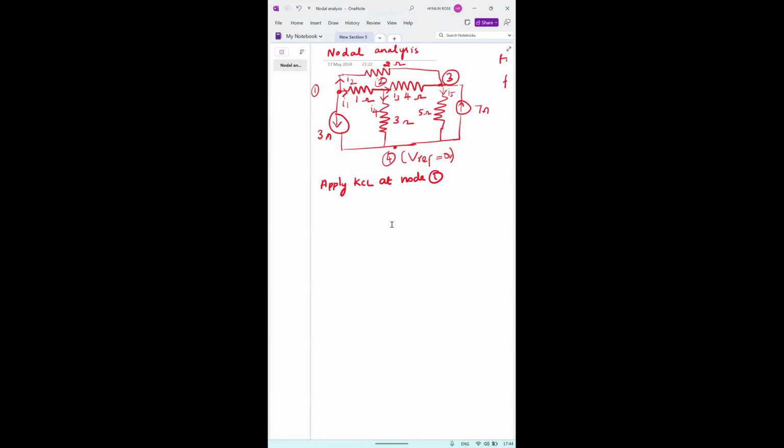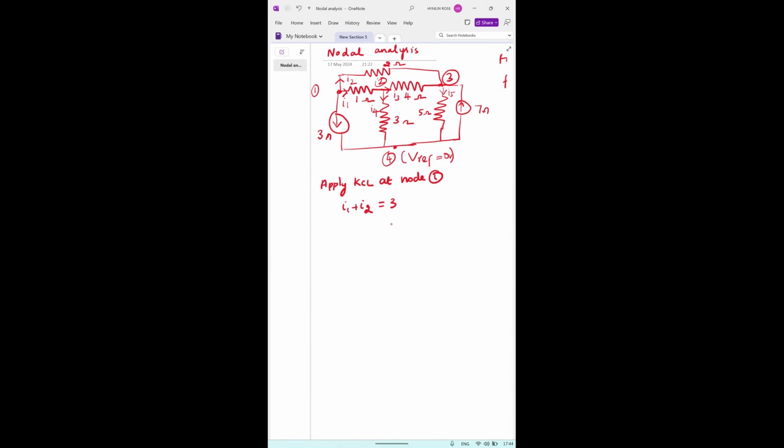What it indicates is that the sum of the incoming currents is equal to the sum of the outgoing currents. How many branches are meeting at this junction? There are three different branches: I1 and I2 are the outgoing currents and 3 is the incoming current. So I1 plus I2 is equal to 3.